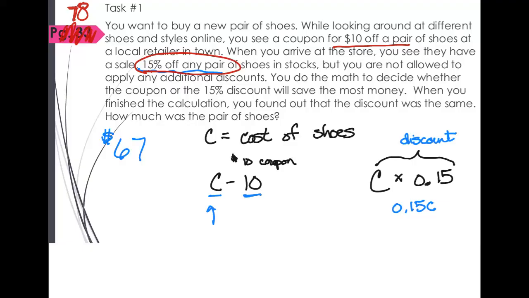Cost of shoes minus discount. So what do you think I have to do with the other amount or the other side? This is the cost, original cost, minus the discount. If this is the discount, I also need to take cost minus that discount, right?